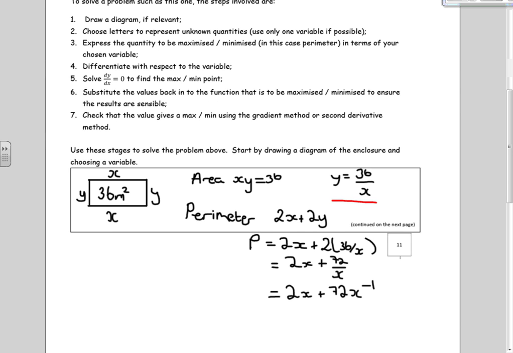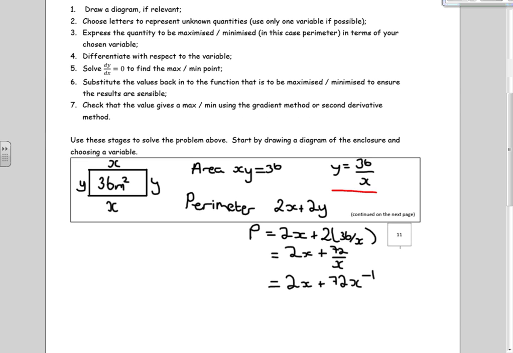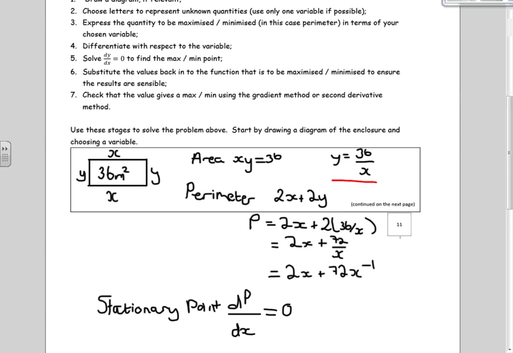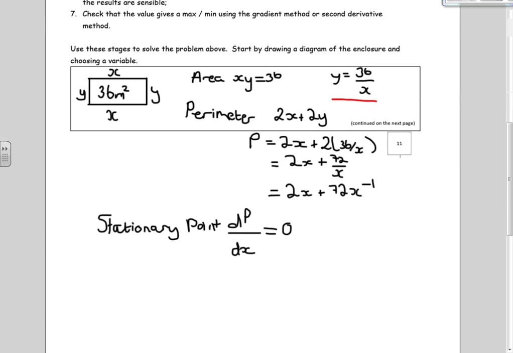So now we can differentiate the perimeter, because remember we're trying to find the minimum perimeter. So we can find a stationary point at dp by dx equals 0. So we need to find dp by dx. So if we differentiate the first term, that'd give us multiplied by the power, reduced by 1, that'd just give us 2.